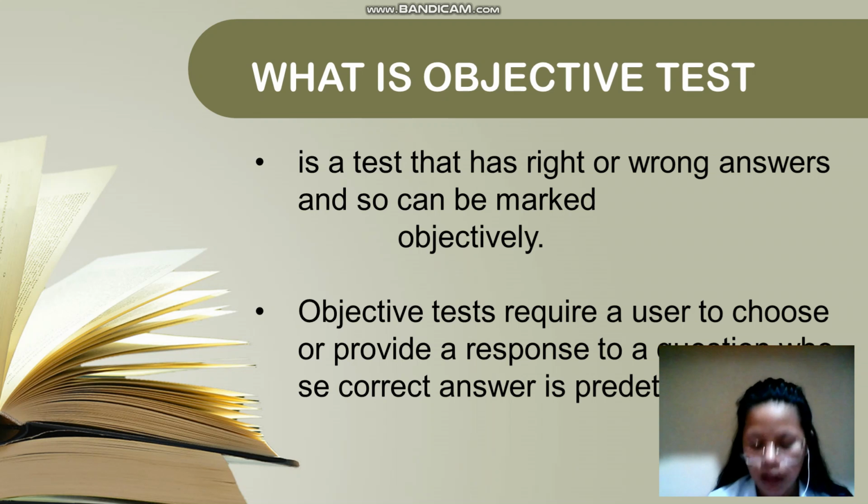A test presenting a number of factual questions to be answered with one word or a check mark instead of verbal expression and organization of materials. An objective test requires the user to choose or provide an answer to a question whose correct answer is predicted.